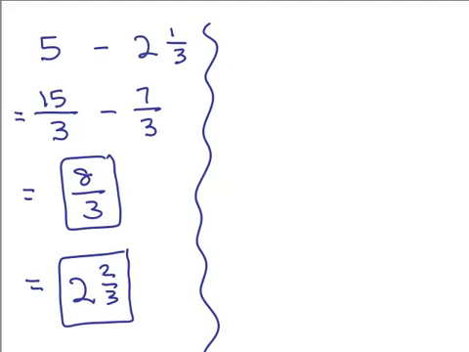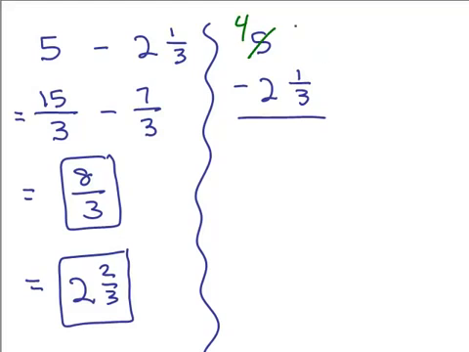Okay, second way with borrowing. So we have 5 minus 2 1/3. Okay, so we could do the borrowing technique. See, the problem is I can't take 1/3 away from nothing. So if I borrow, right, I know that 5 is the same as 4 plus 1.